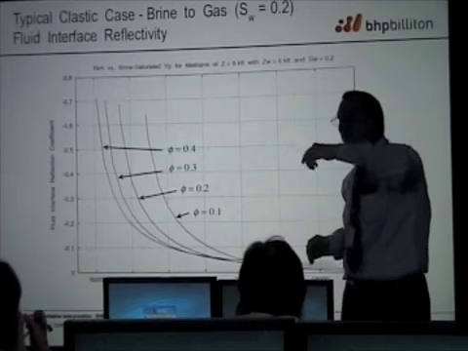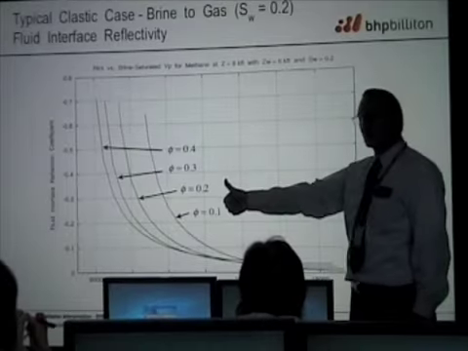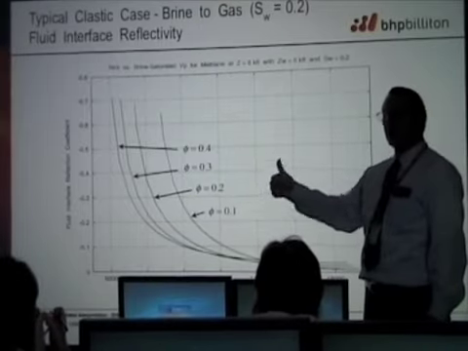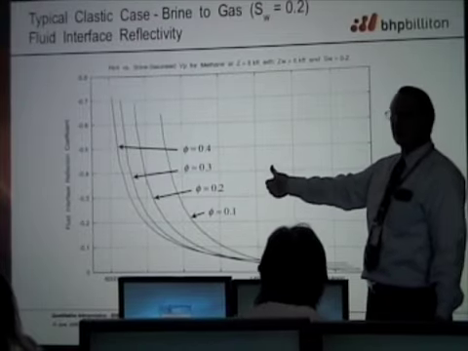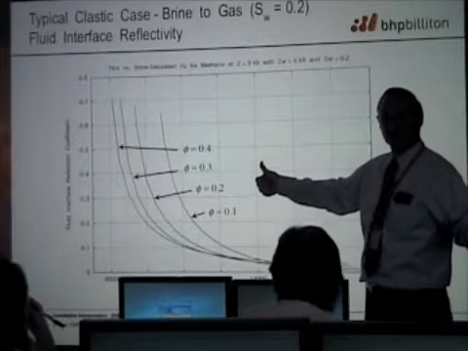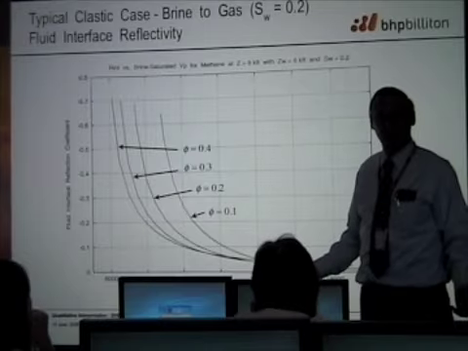So let's calculate the reflection coefficient at that fluid interface. We know the initial brine saturated velocity, and we just calculated the gas saturated velocity, and we got the densities too. And we know the porosity, so we can calculate the densities. So we can calculate the reflection coefficient at the fluid interface.